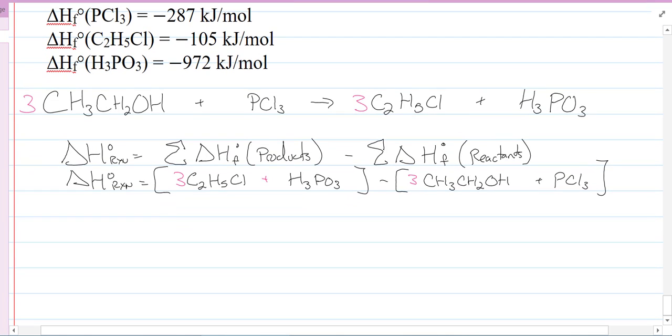Plugging in numbers. Delta H standard of the reaction would be 3 times negative 105, it looks like. Yes, negative 105 kilojoules per mole, plus H3PO3 would be negative 972 kilojoules per mole.